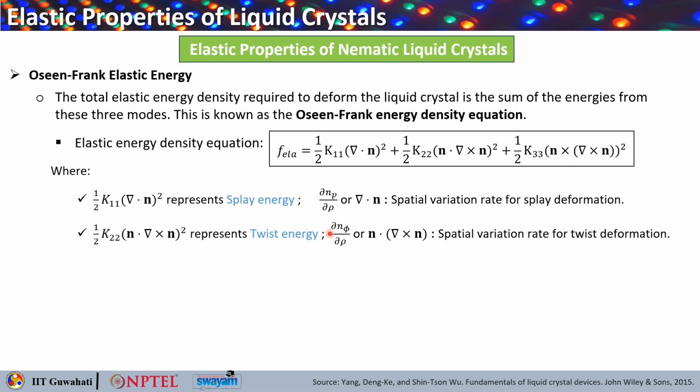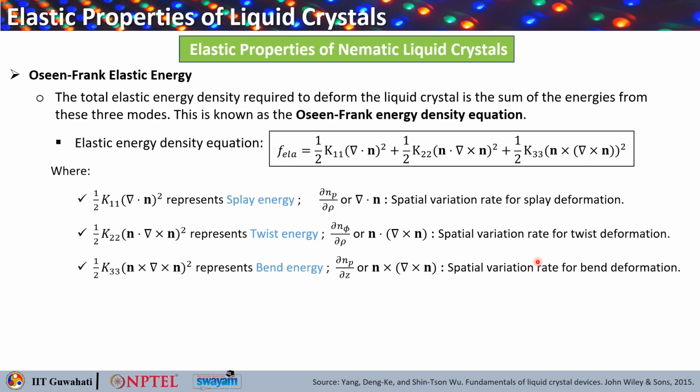You can calculate it as dou n_phi by dou rho, which is this term, n dot curl of n. This gives the spatial variation rate for the twist deformation. The last one, half K33 (n cross curl of n) whole squared, represents the bend energy.